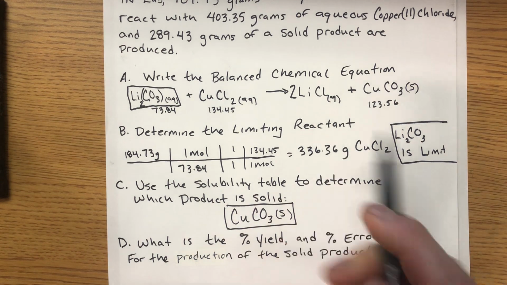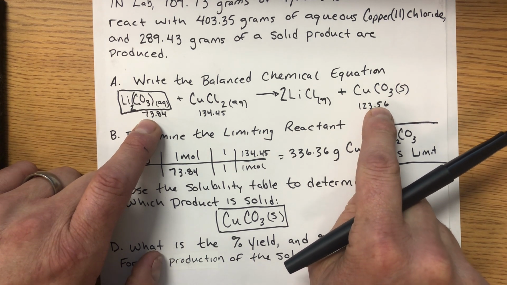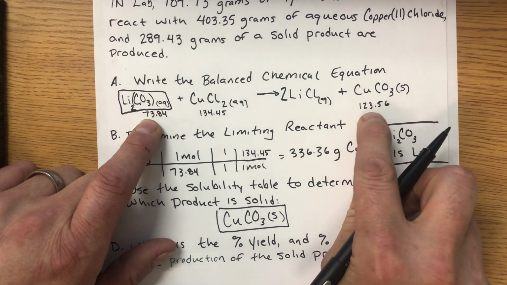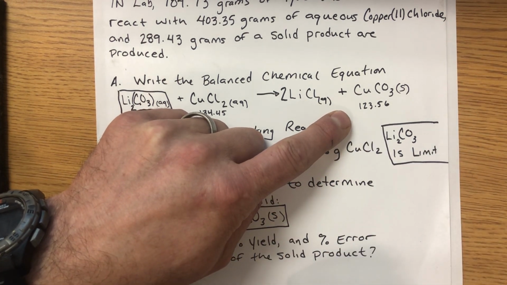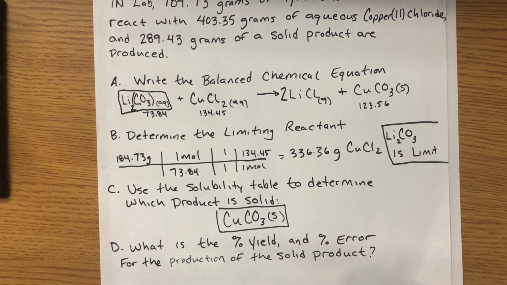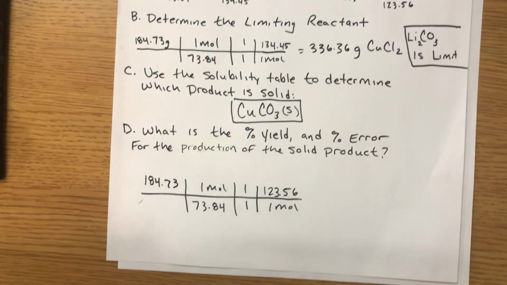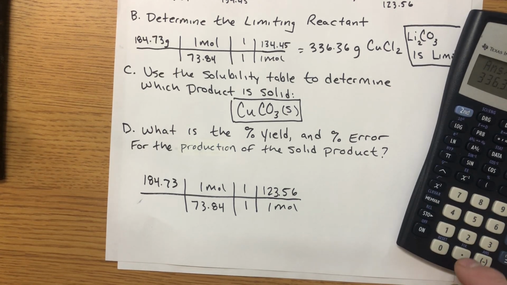The mole ratio between our limiting reactant and our compound in question is a 1-to-1 ratio. And the molar mass of the solid compound is 123.56. Okay, so this calculation is going to give us our theoretical value for the production of copper 2 chloride. Excuse me, copper 2 carbonate.